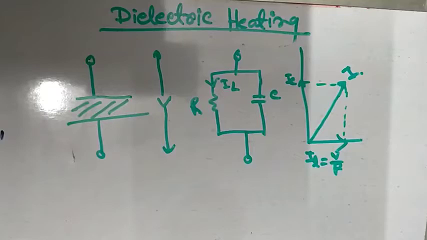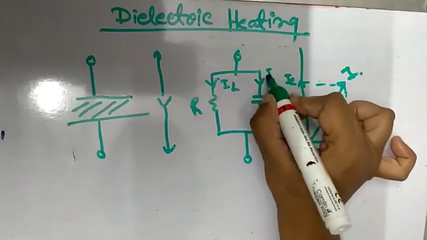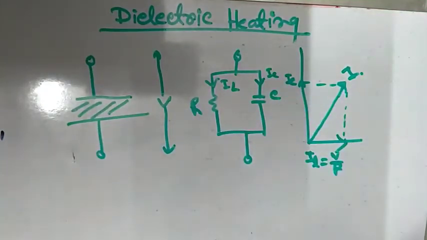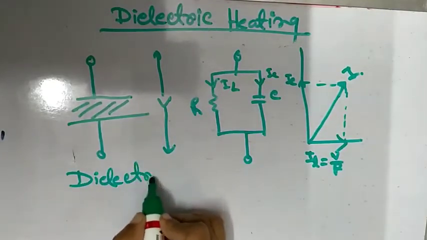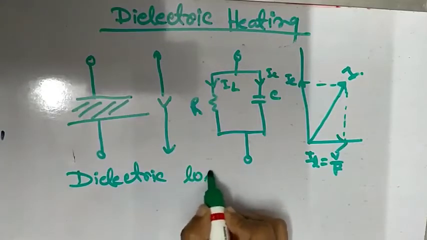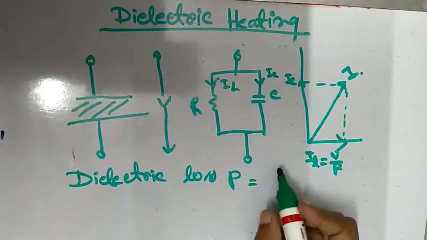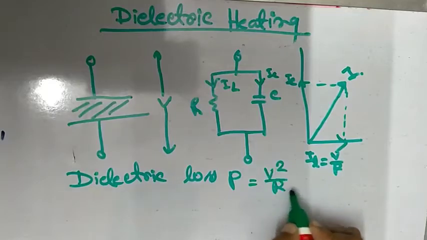So here IL is the current through the equivalent resistor, the leakage current, and IC represents the charging current of dielectric. And dielectric loss P is equal to V square by R.